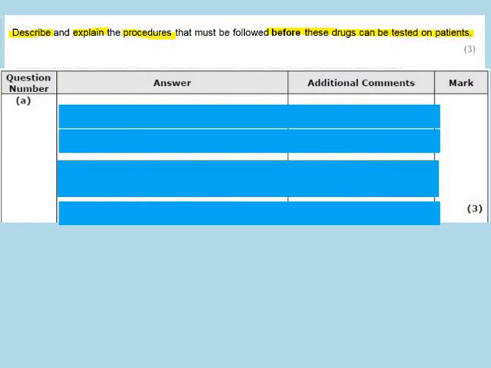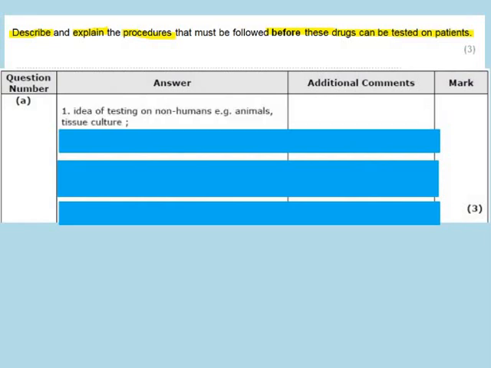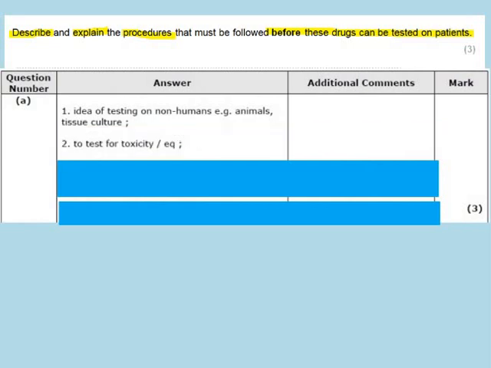Okay, so let's look through some answers. So we should have started with that very first level on our table where we're testing this medicine on non-human, so animals or tissue cultures, cells. And the reason why you're doing this to meet the explain criteria is that we're testing for toxicity, or testing for how damaging it is, or testing for side effects.